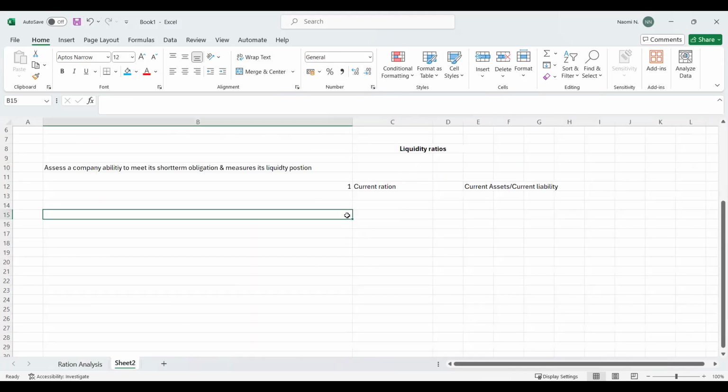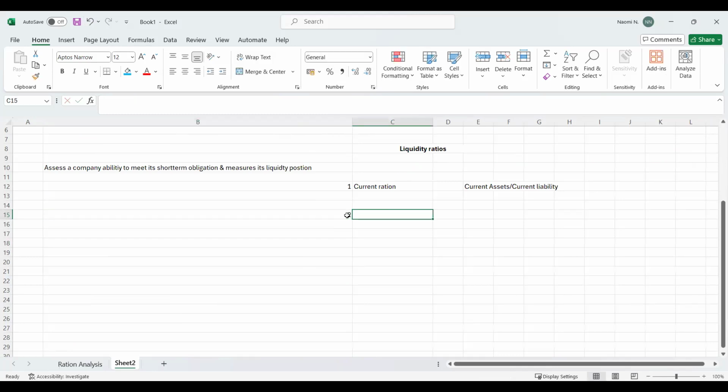Number 2, we are going to talk about the quick ratio. The quick ratio measures the liquidity as it excludes inventory from converting into cash to meet the current liability.